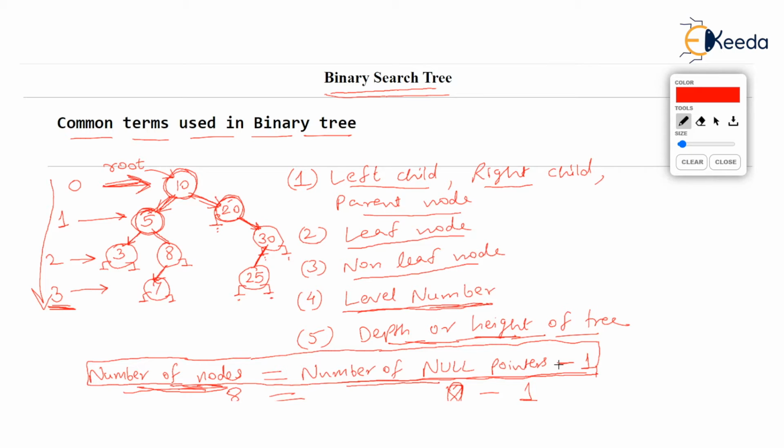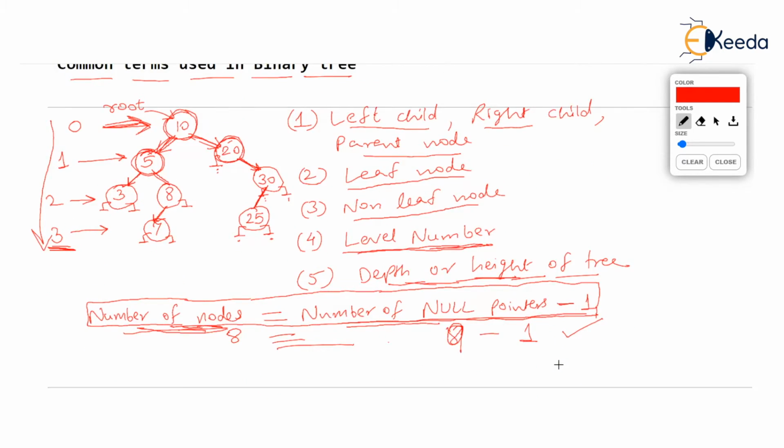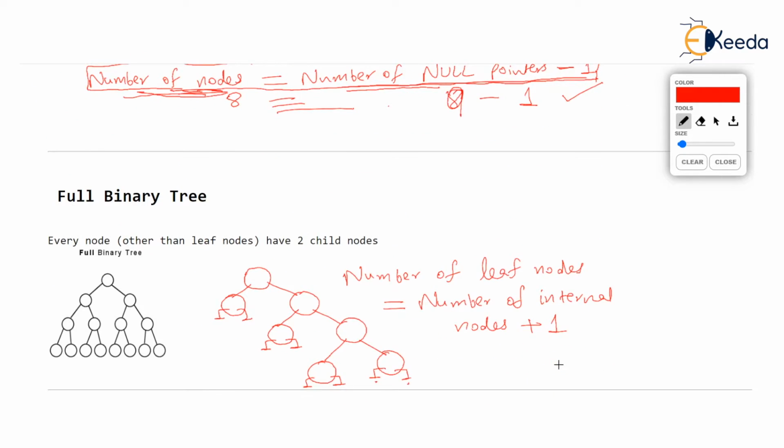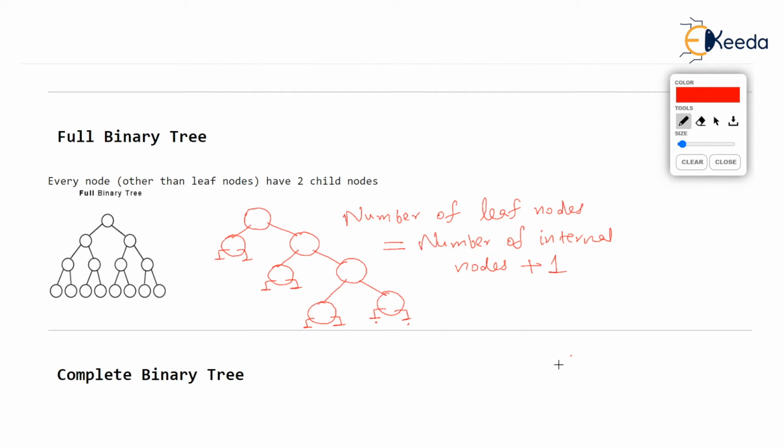Remember this. Let's come to some more definitions. There is a type of binary tree which is known as a full binary tree. Very interesting. Now you see, what's the definition? Every node other than leaf nodes has two child nodes, exactly two child nodes. So if you have a node and if it is not a leaf, then it must have two children.